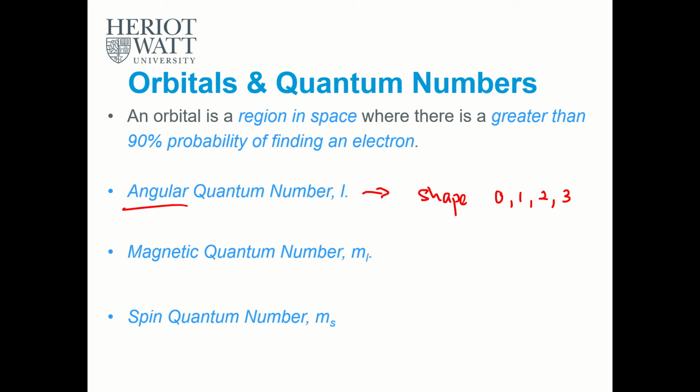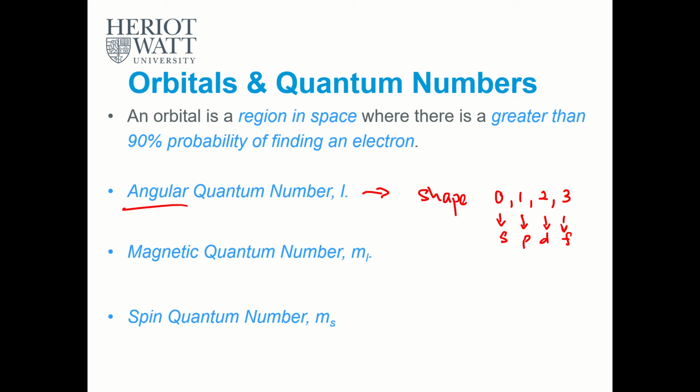Again, just like the principal quantum number, they use numbers to represent different shapes. But later they developed it so that instead of using 0, 1, 2, 3, which would be confusing, being the same as the principal quantum number, they put it into S, P, D, F. They use the letters SPDF to represent 4 different shapes, or 4 different angular quantum numbers.